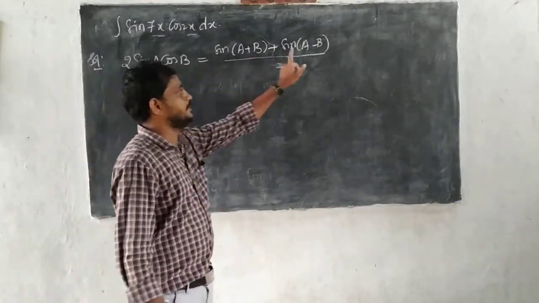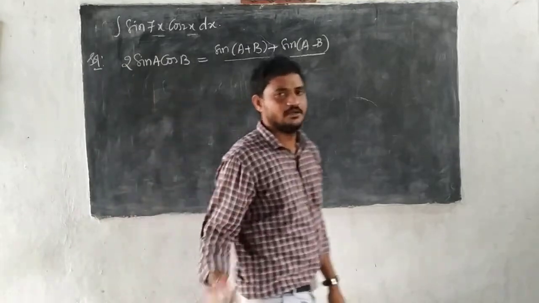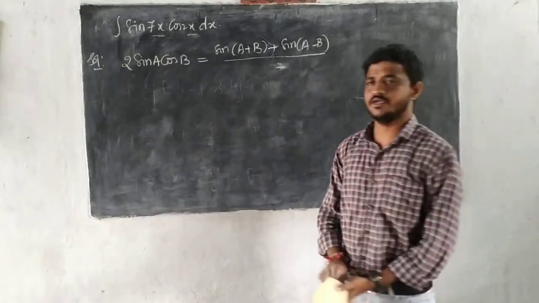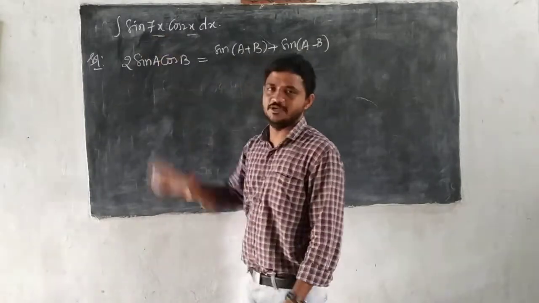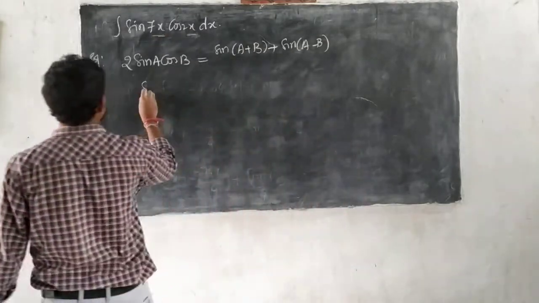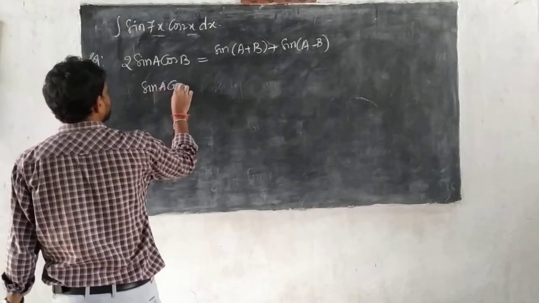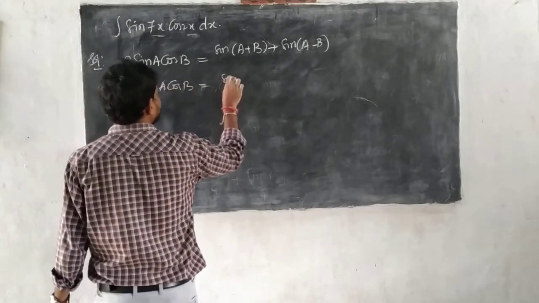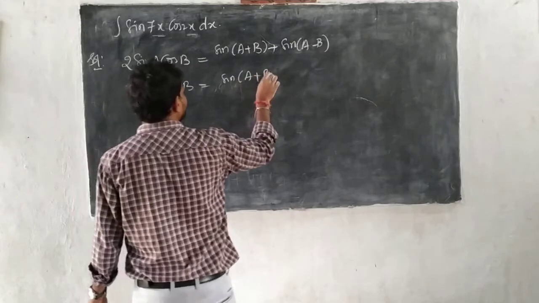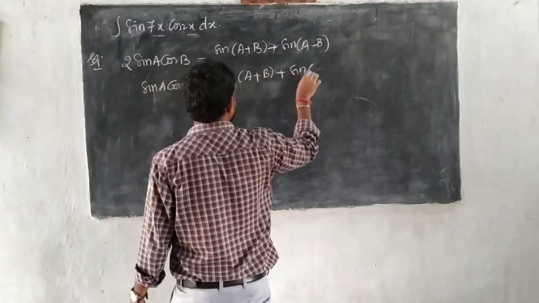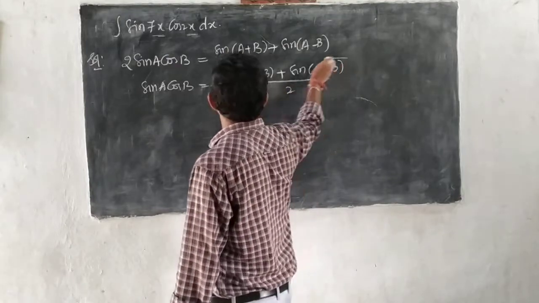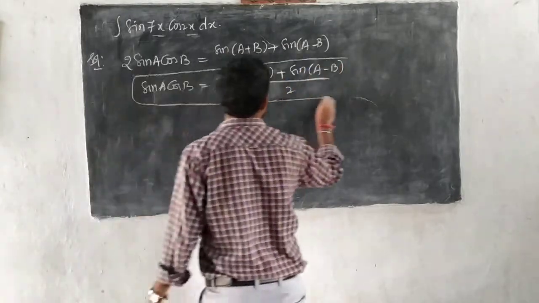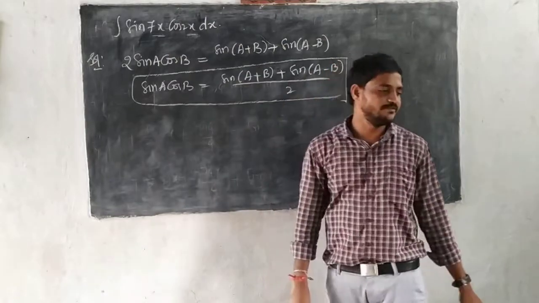Sin of a plus b plus sin of a minus b is the formula for 2 sin a cos b. But here we have sin a cos b only. Then the formula for sin a cos b will be sin of a plus b plus sin of a minus b by 2.